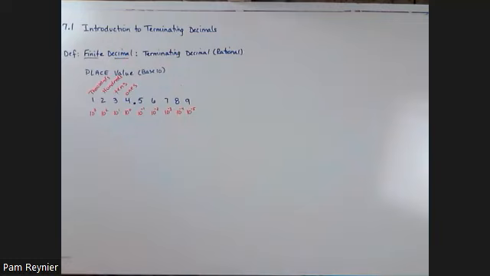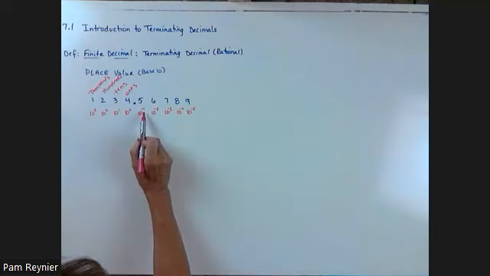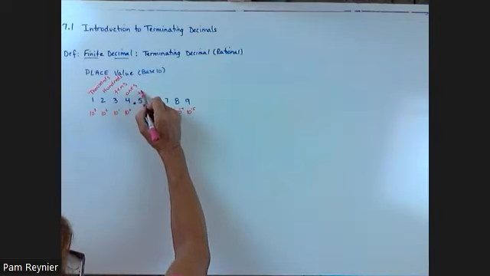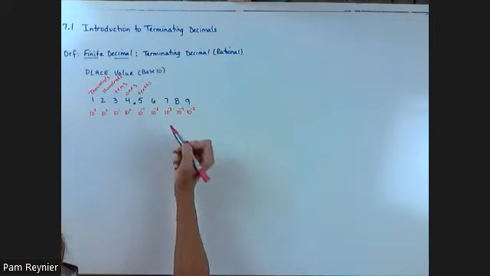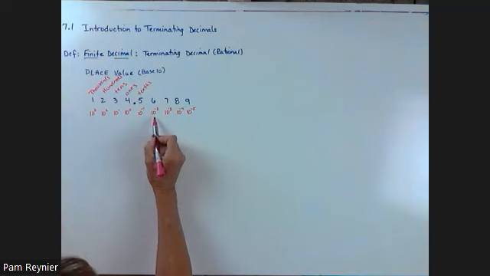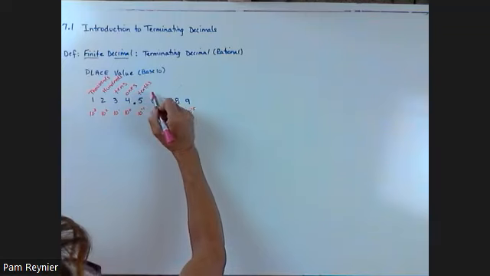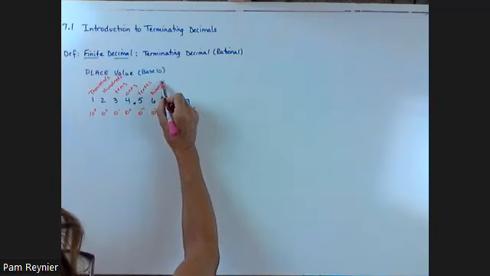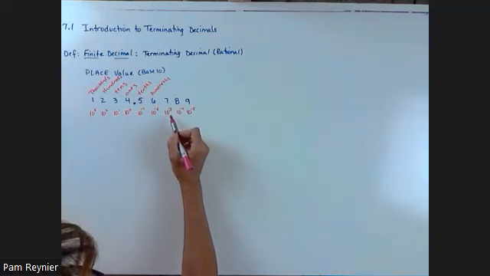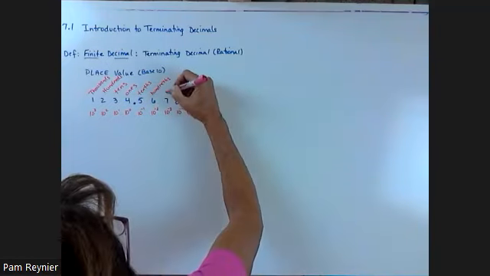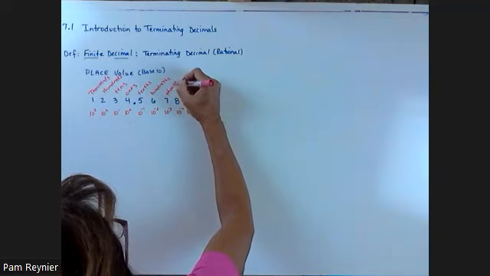As we name them, 10 to the -1 is the same as 1 over 10, which is in the tenths column. 10 to the -2 would be 1 over 10 squared, which is 1 over 100. So that is the hundredths column. 10 to the -3 would be in the thousandths column.